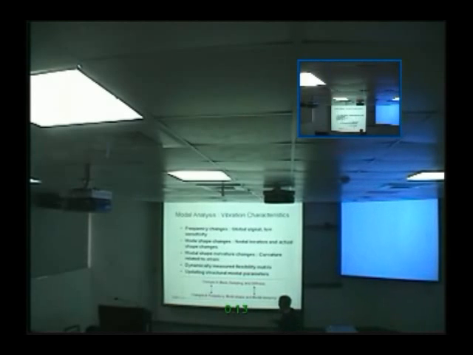The other way to do this vibration test is the mode shape change. For example, if you play a violin, the string will vibrate, and if you take a picture with time exposure, you will see the string actually vibrate in all kinds of different ways.